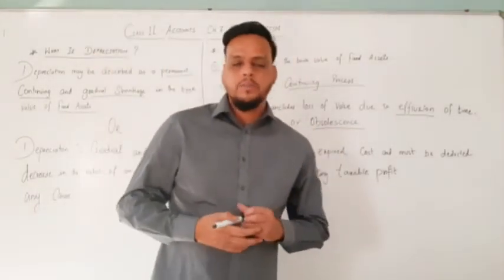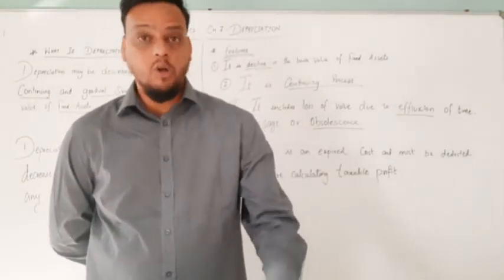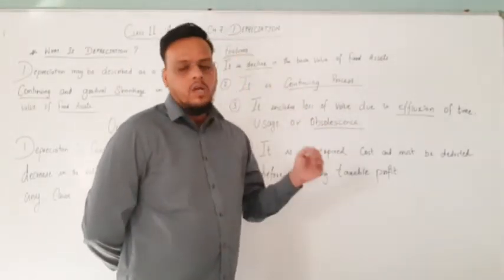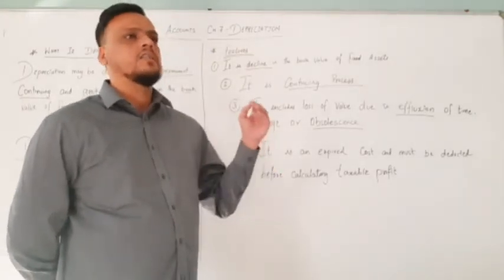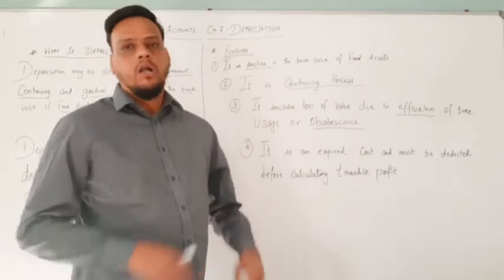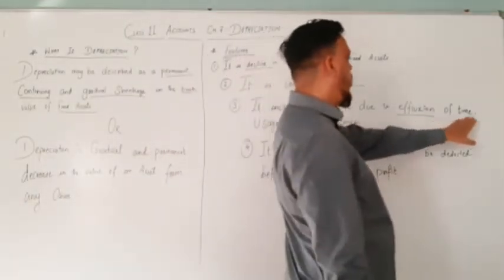The point has been said that it includes loss of value. Loss of value means the machine has a certain value, and it is a loss. The machinery or machine has a certain period of time, or it can expire later. So it is considered as due to efflux of time.